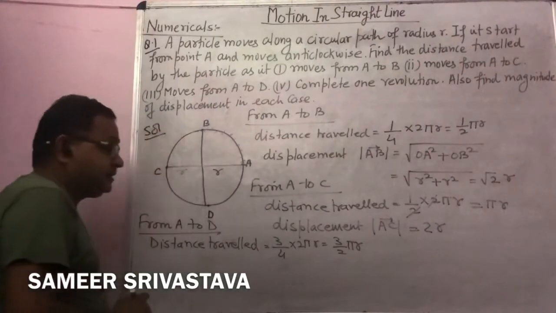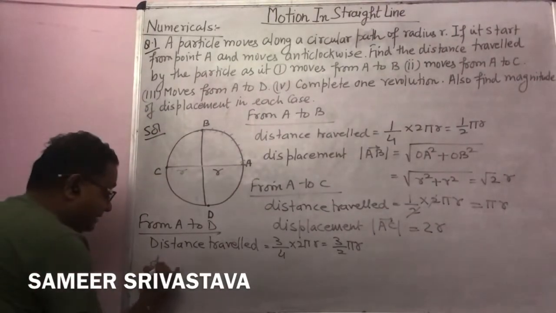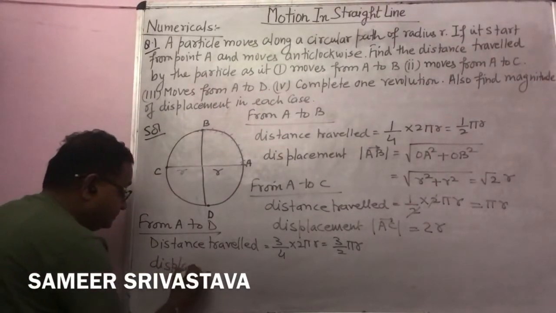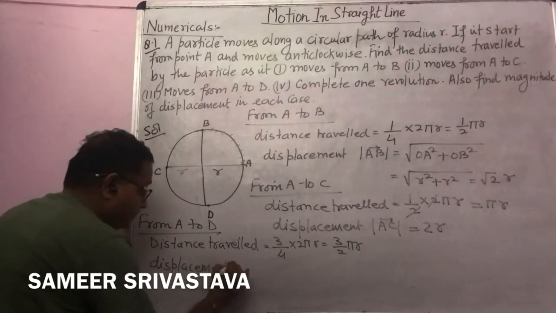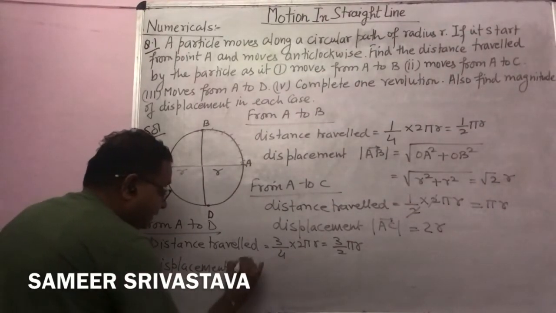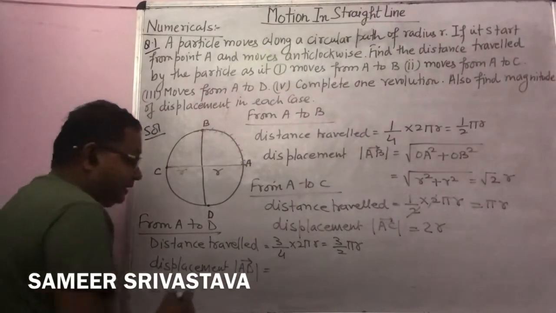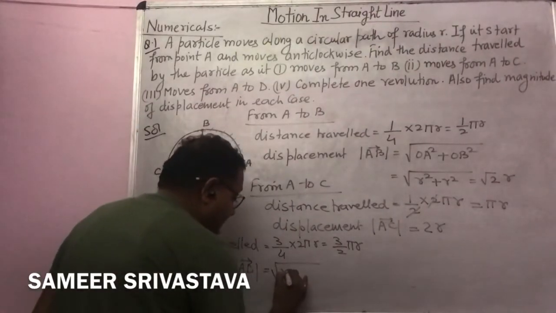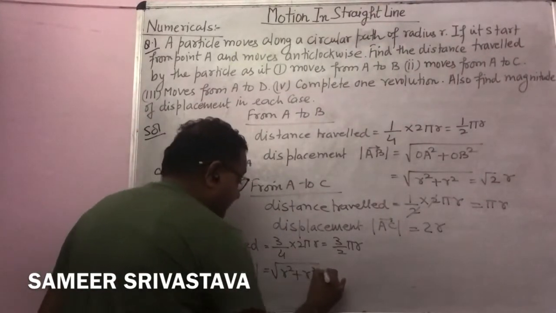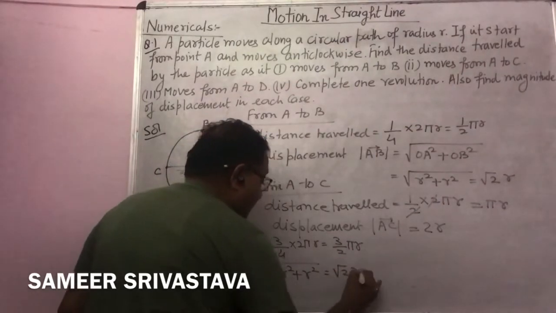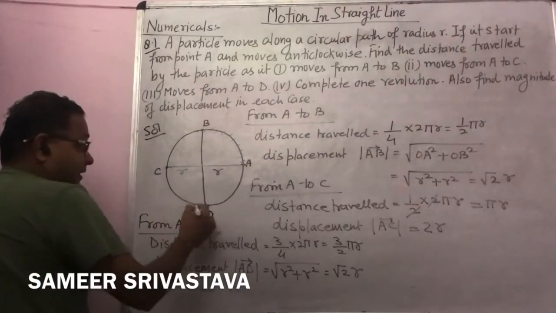So distance traveled is 3/2 pi r, and again the displacement, that is mod AD, is under root r square plus r square, that is equal to under root 2 r. So displacement covered is under root 2 r.